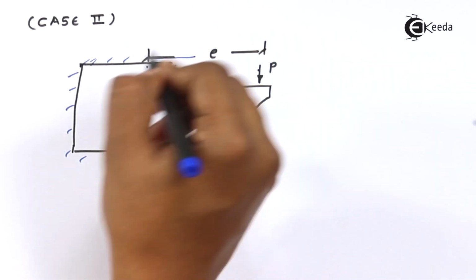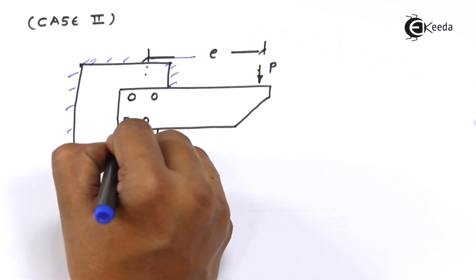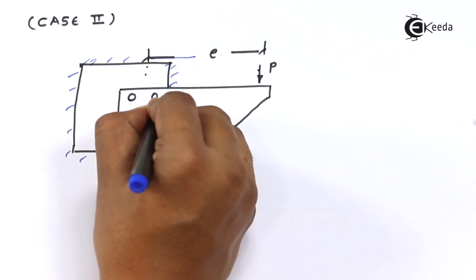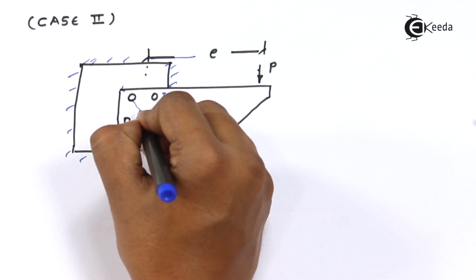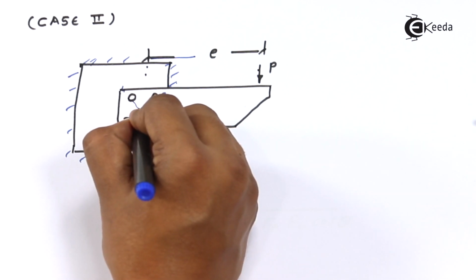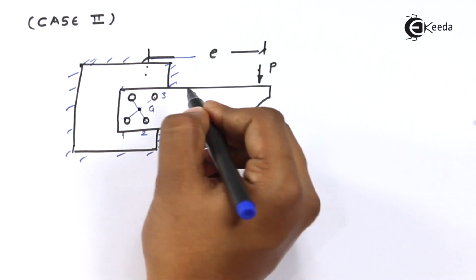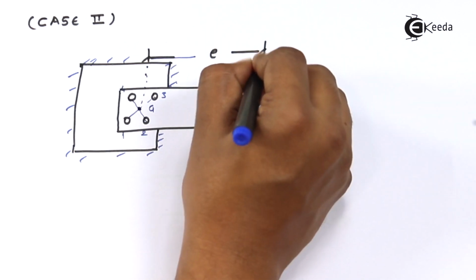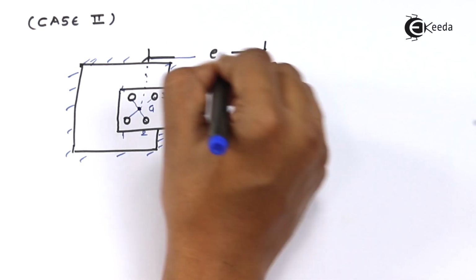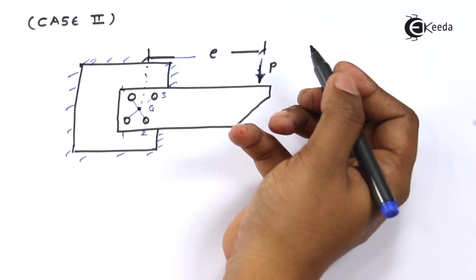This will be the eccentric distance. Now in this case, if I name these bolts 1, 2, 3 and 4, I must consider their geometric mean. So that geometric mean I'll name as G. From that geometric mean, whatever distance this load P is acting at is called the eccentric load in our case.